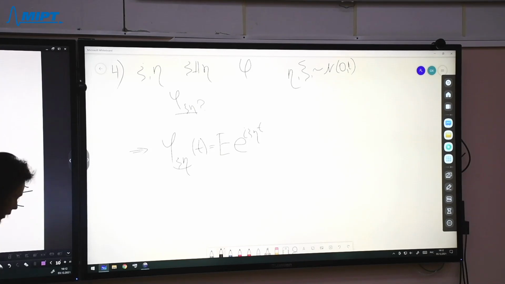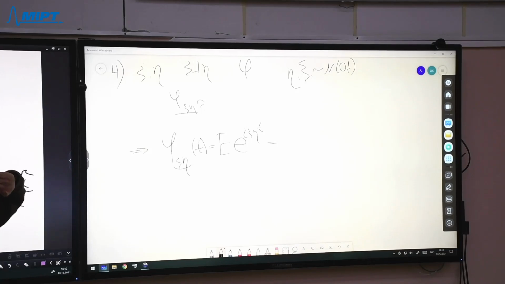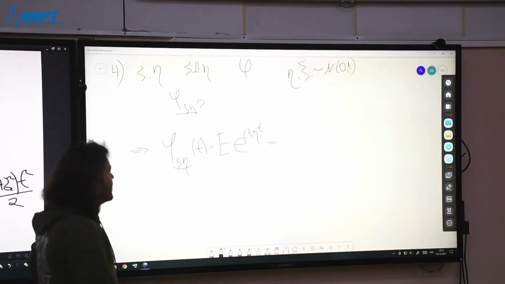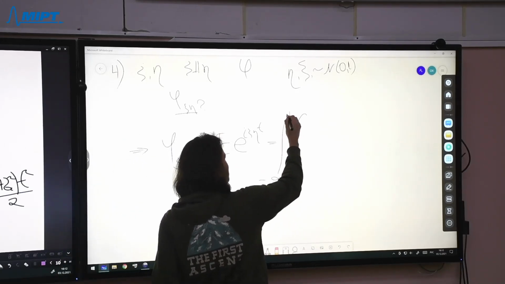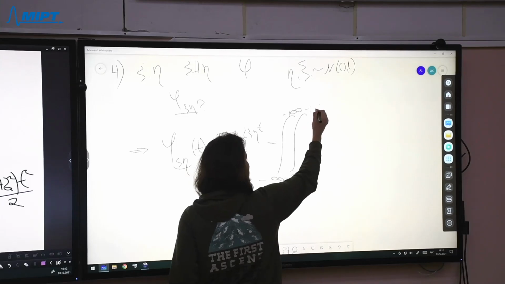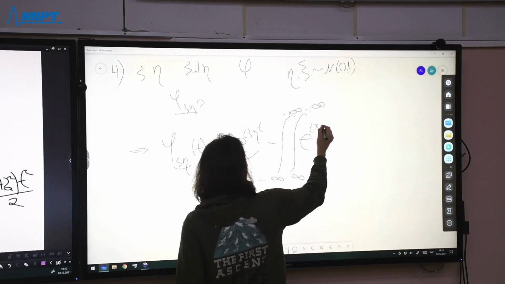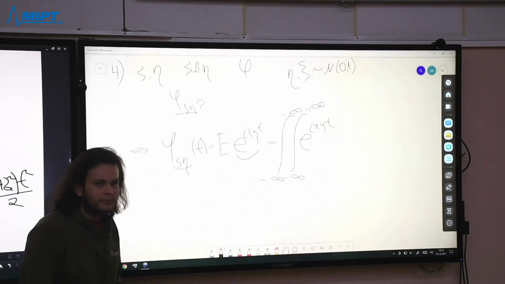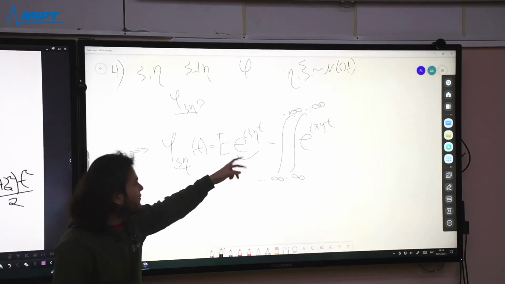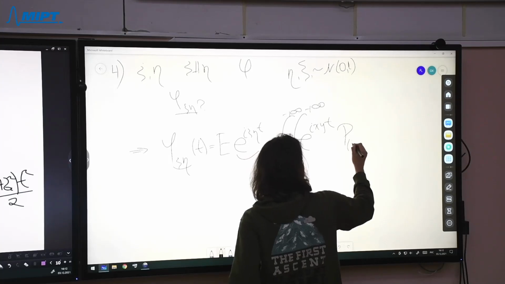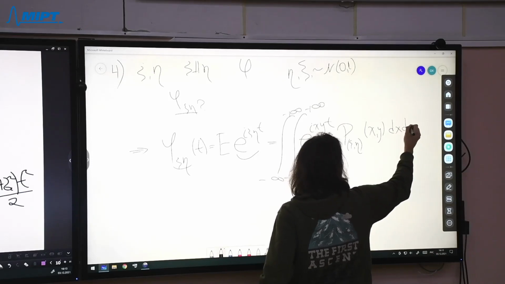Since psi and eta are standard normal, this is the double integral from minus infinity to plus infinity of e to the i x y t times the density of the vector psi, eta in x, y, dx dy.